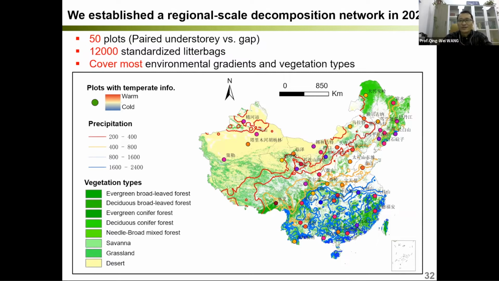We also separate different specific teams, for example on lignin structure, microbial mechanisms, and gas emissions, along different gradients or different vegetation types from forest to desert.